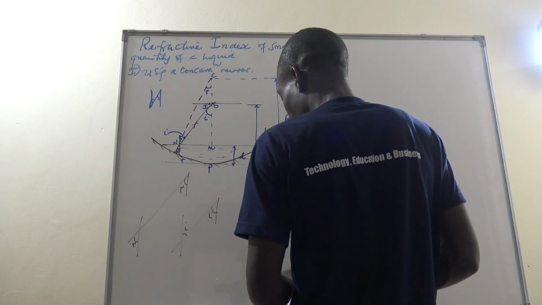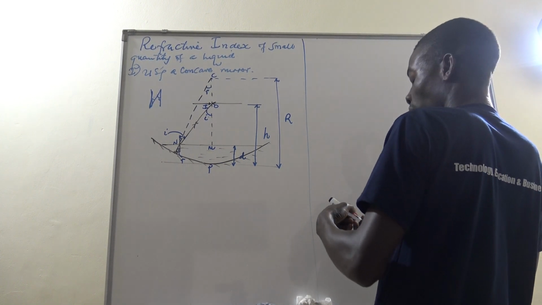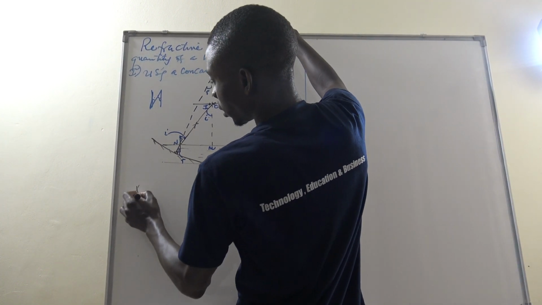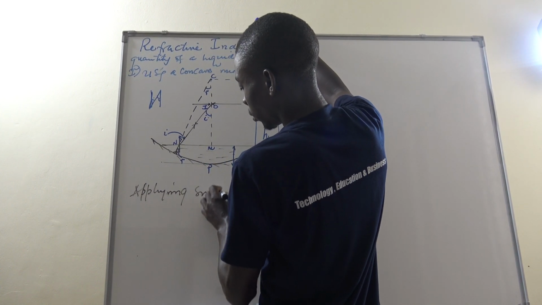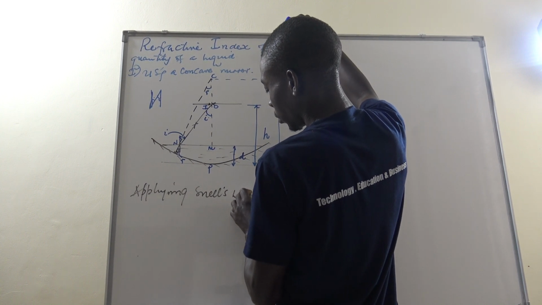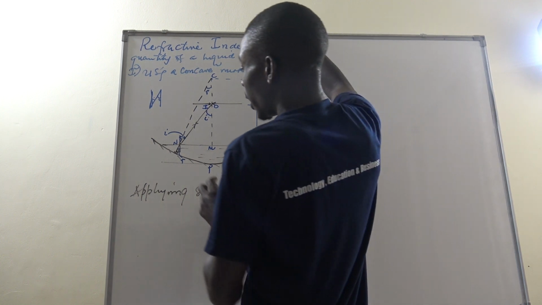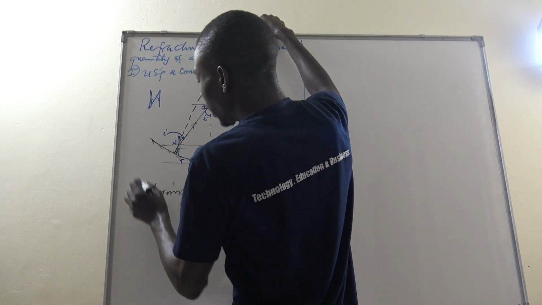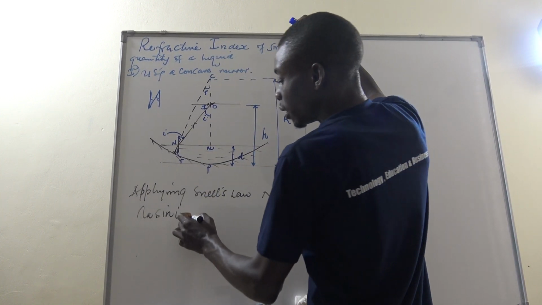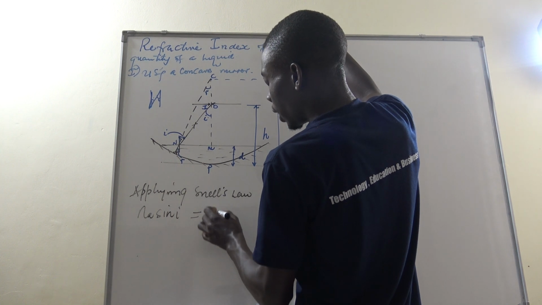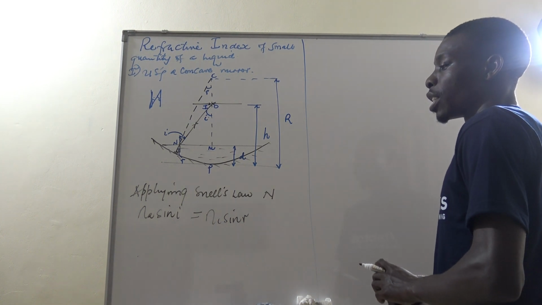And then I can now say, applying Snell's law, at any point, refractive index of air times sine of angle in air is equal to refractive index of the liquid times sine of angle in the liquid.